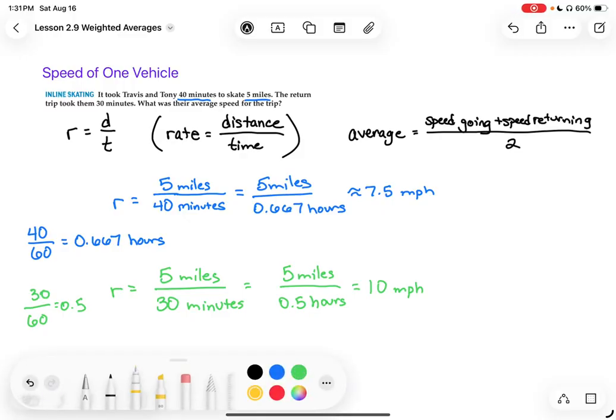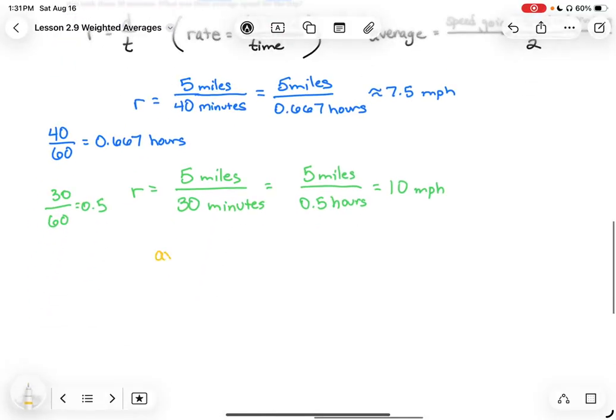The average then, the average of those two speeds is going to be 10 plus 7.5 divided by 2. So that's going to be 17.5 divided by 2.